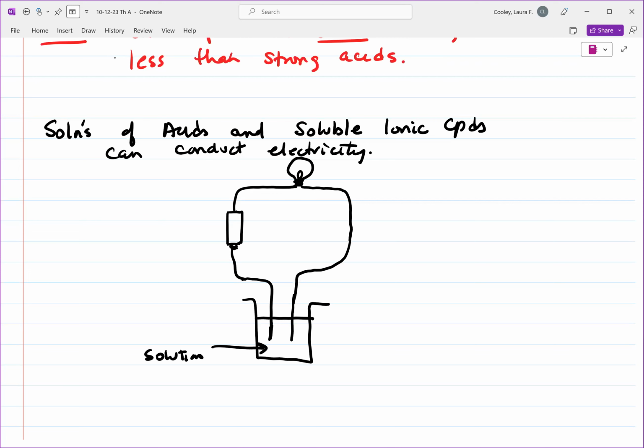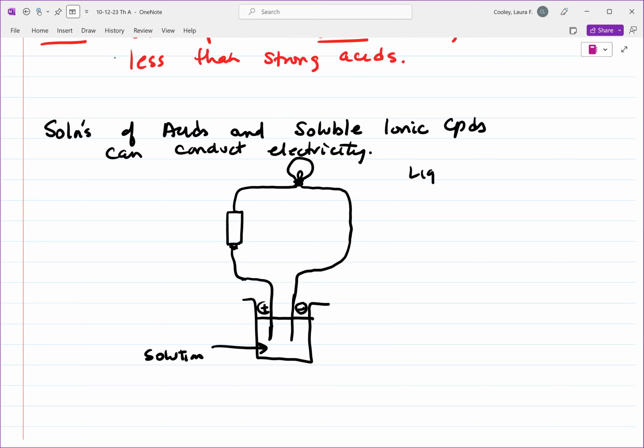Because of the battery, you have a positive side and a negative side on these two wires that are stuck into this solution. If this is distilled water, or if I take the solution away, you just have these two wires, not touching each other. So the circuit is not complete. There's a break in the circuit.